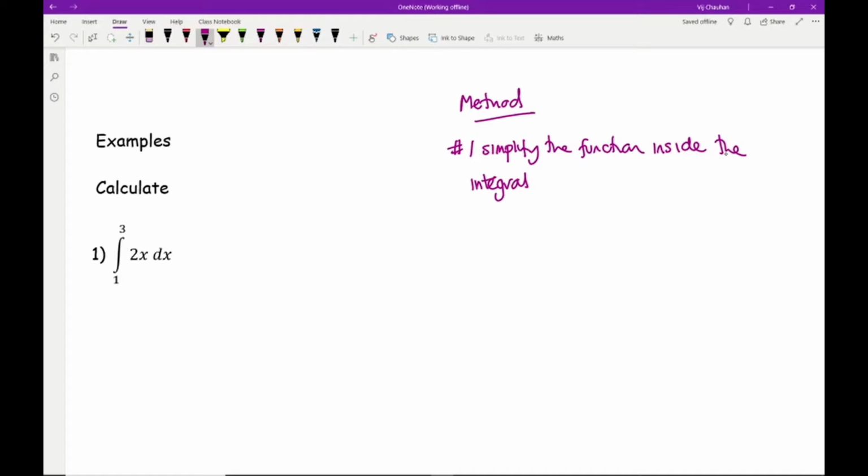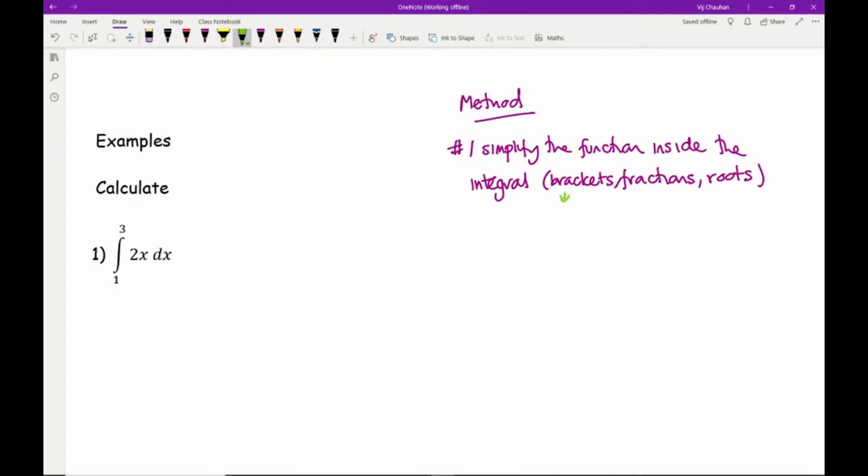Now, with this particular one, I don't need to simplify. It's only a case of if I had brackets, fractions, and roots, then if I've got brackets, expand them. If I've got fractions, write them using indices, and if I've got roots, write them as indices. And in fact, let me just write that down.